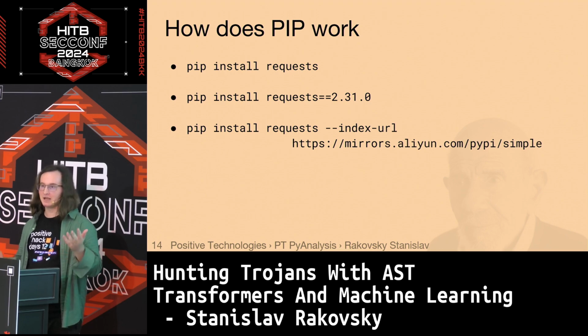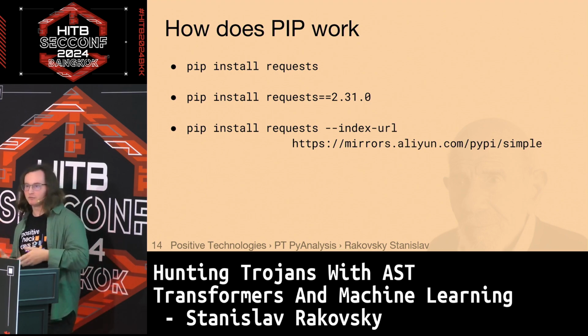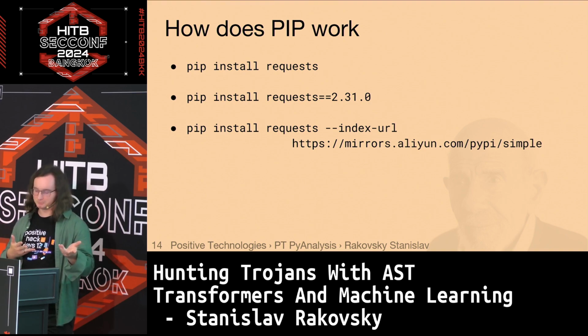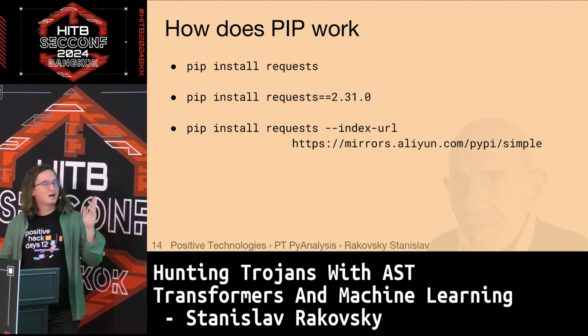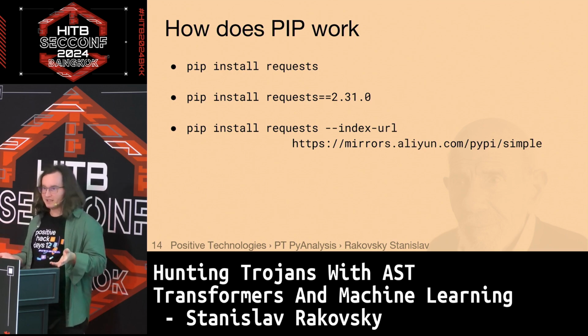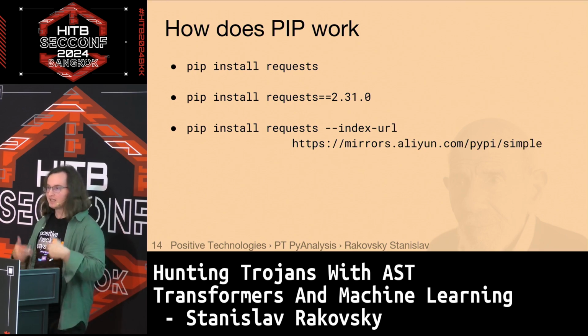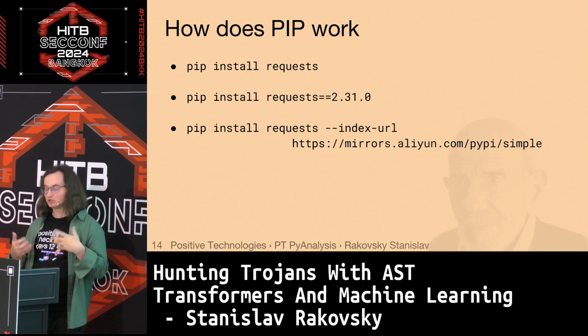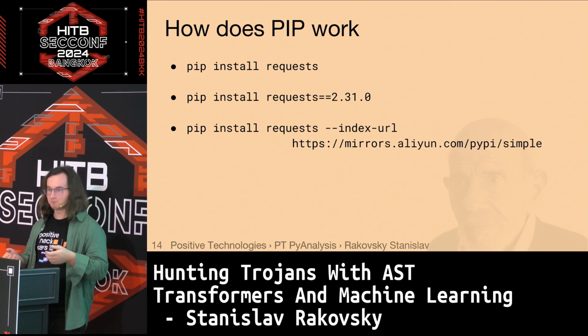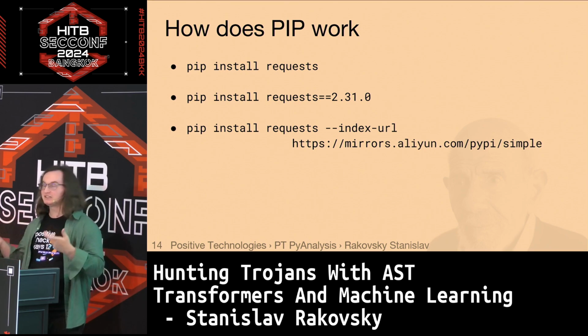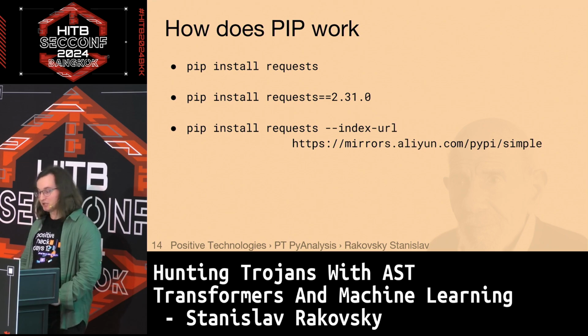pip works. Pip is a dependency manager, the default dependency manager of Python. So here you can see 3 command lines, and each of them has some differences. For example, the second one sets a certain version of a library called requests, and the last one sets a mirror where pip, pipx, poetry, etc. will search for this library.